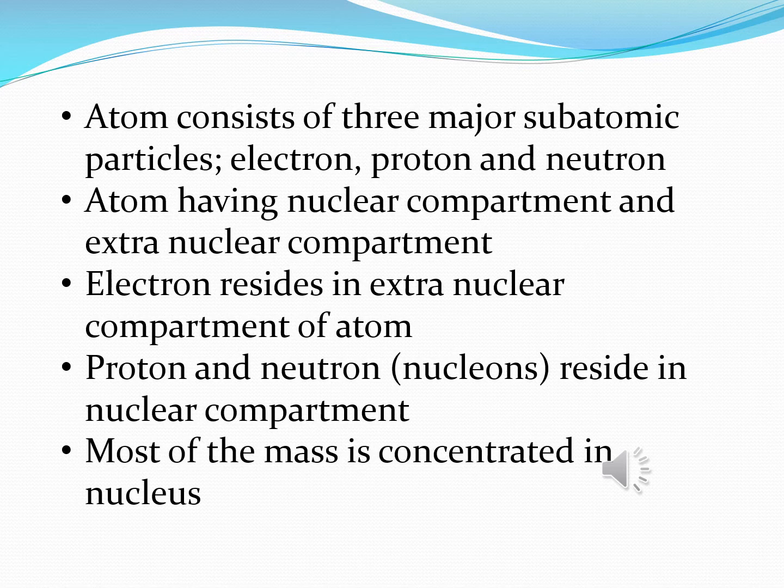Atom as a whole is electrically neutral, having two compartments, nuclear compartment and extranuclear compartment. The nuclear compartment has neutron and proton and is positively charged, whereas the extranuclear compartment has only electron and is negatively charged.